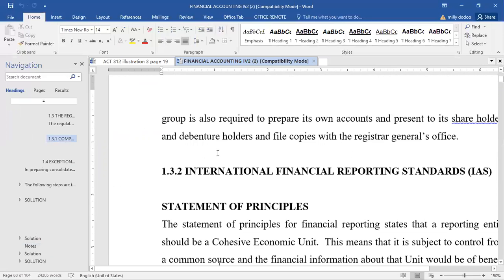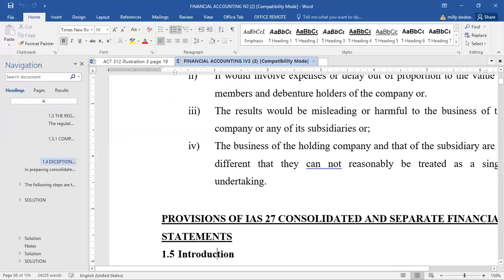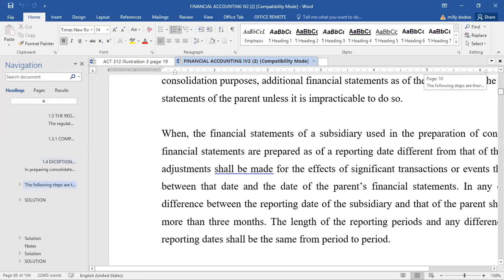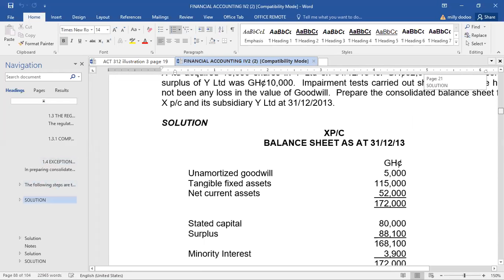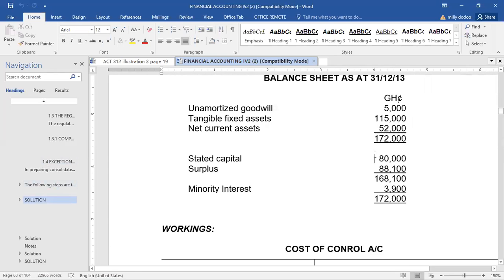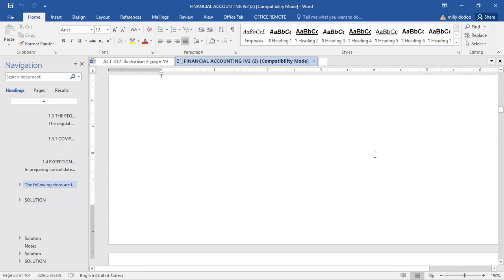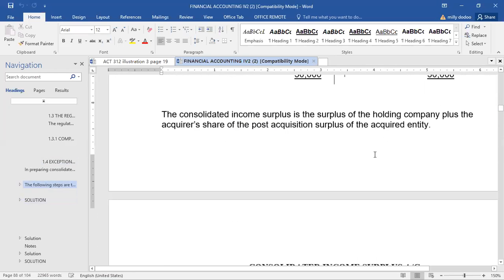So we are looking at illustration 2, which is also the same as illustration 1, but this one we have added something small to it.